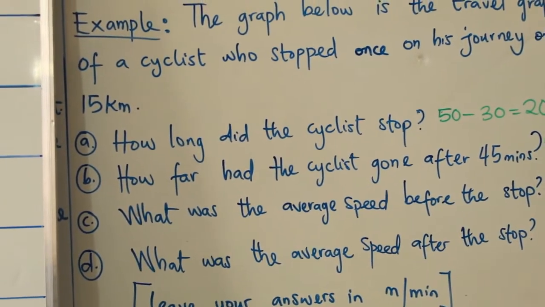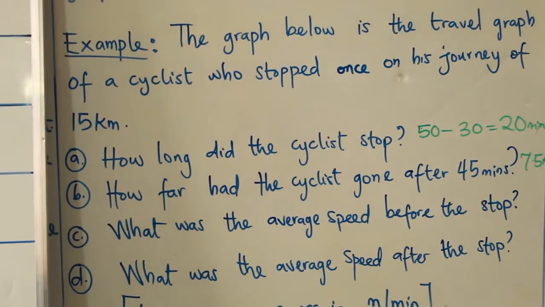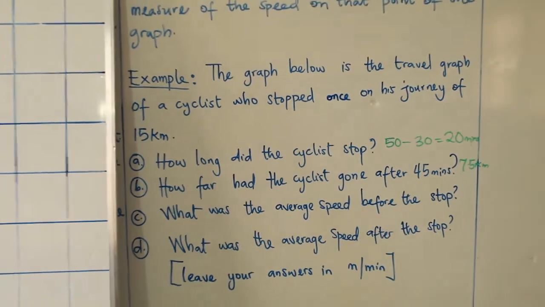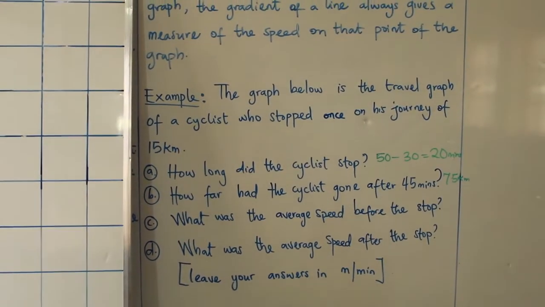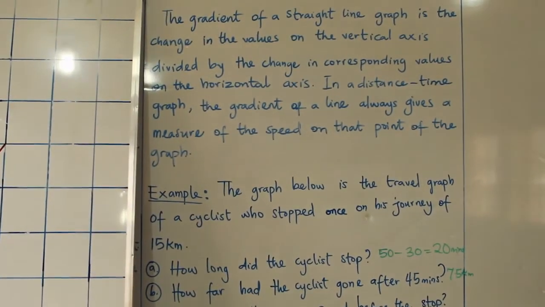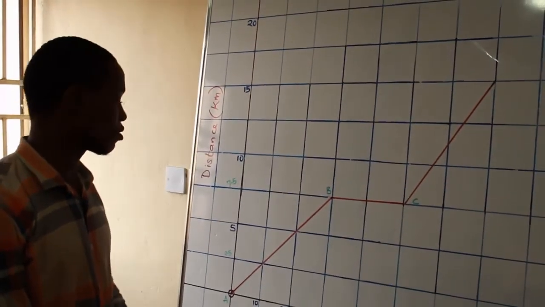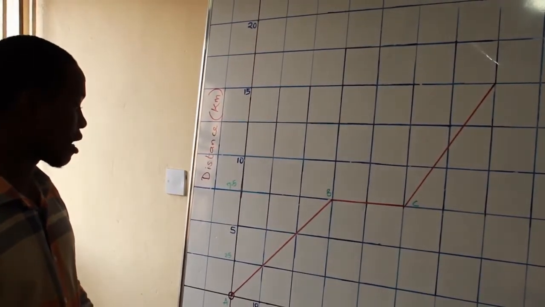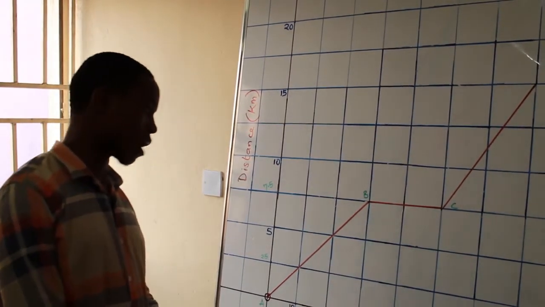That is where we're going to apply our knowledge of gradients. Now, we said that the gradient of a straight line is the change in the values of the vertical axis divided by the change in corresponding values on the horizontal axis.